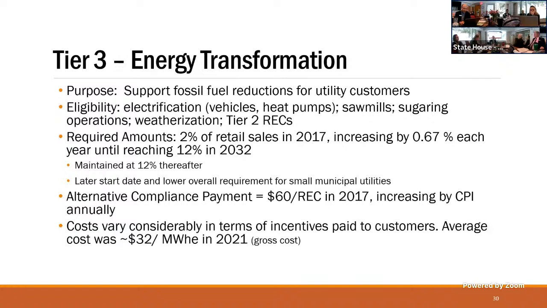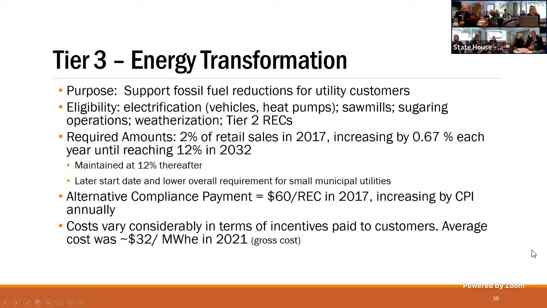There are other measures; weatherization is actually an eligible measure. I think only one utility has supported weatherization so far. That's WEC. And part of the reason is because there's no electric sales associated with it. I think other utilities have chosen to go in a different direction. Okay, now I'm done with this slide.